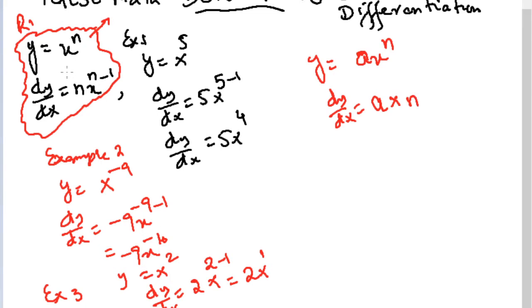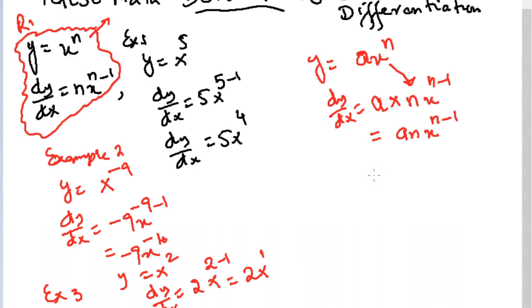See, here we were bringing n down and then decreasing the power by 1. So the same thing we will do here, bring n to the coefficient and then decrease n by 1. So the result comes a n x power n minus 1.